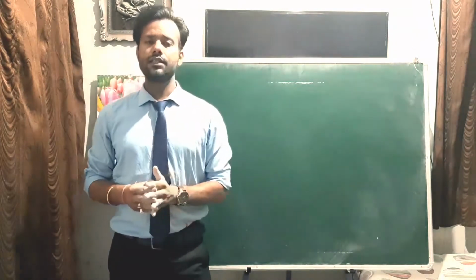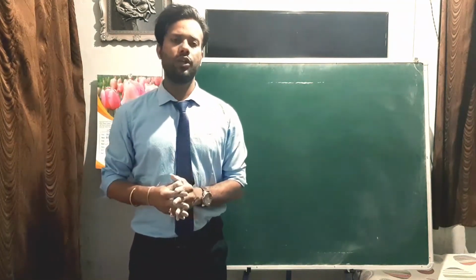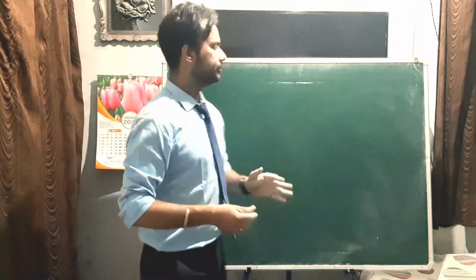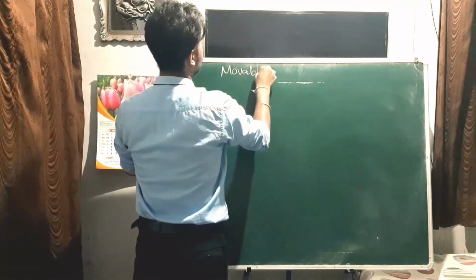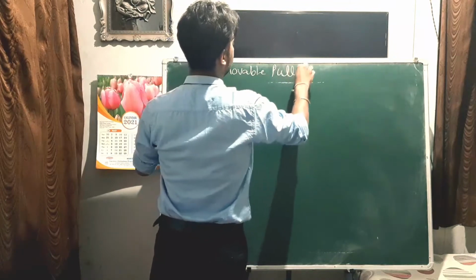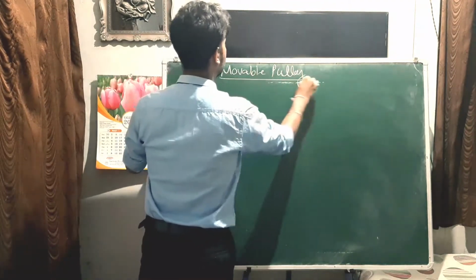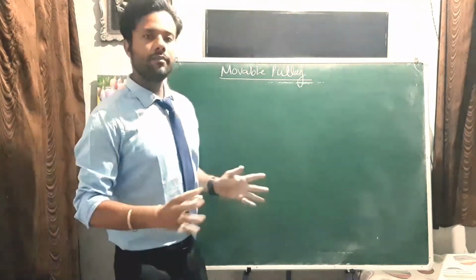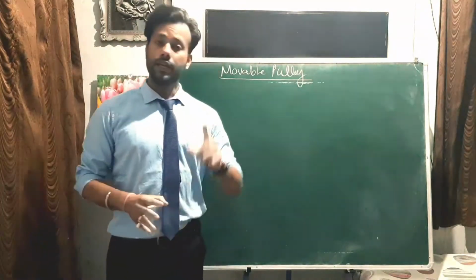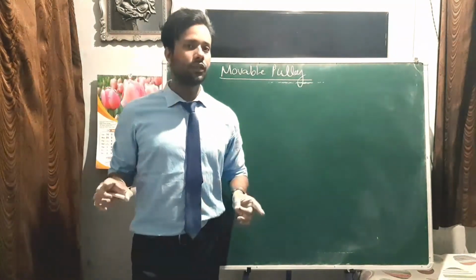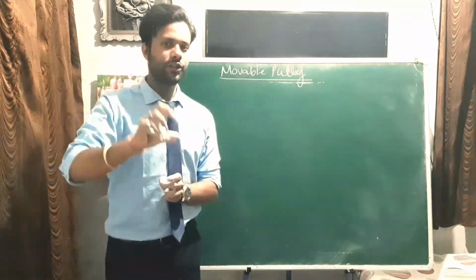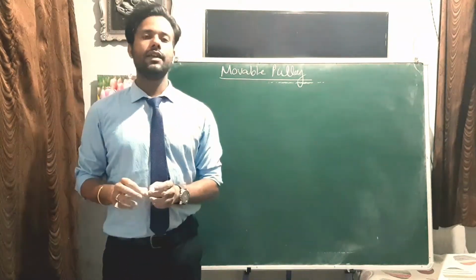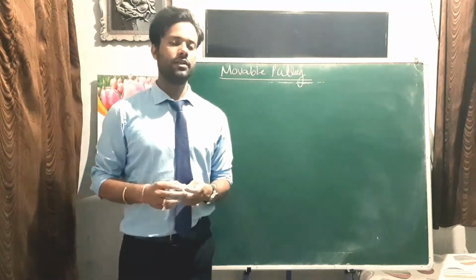Today we will discuss the next category of pulley, which is movable pulley. As the name implies, movable. In the fixed pulley, the axis of rotation of the pulley was fixed. That was stationary. But in this case, the axis of the pulley is in motion.